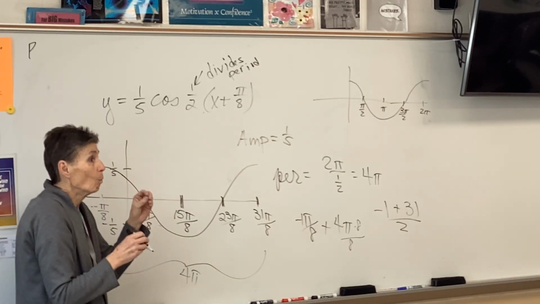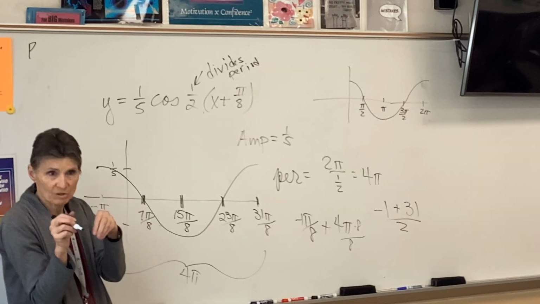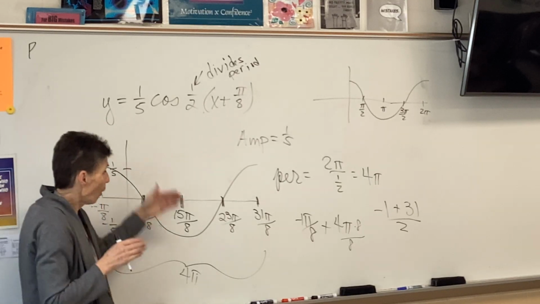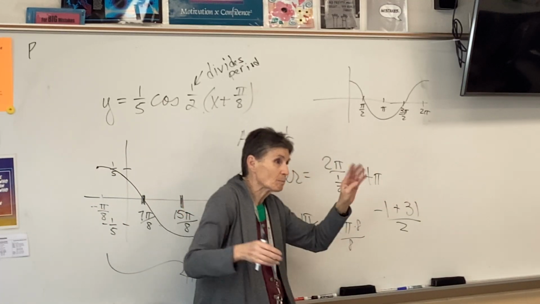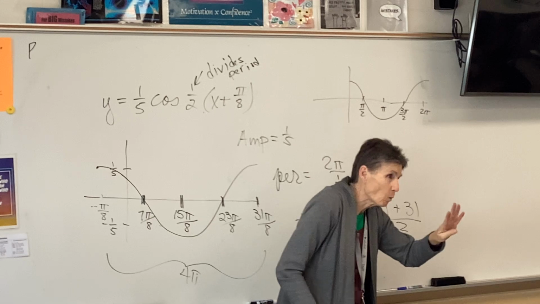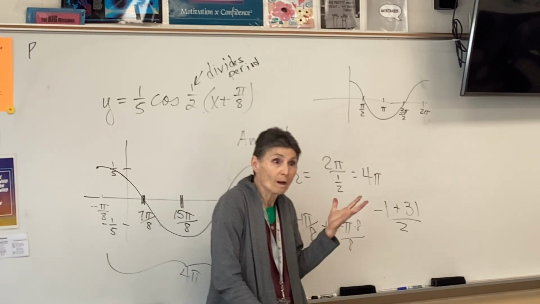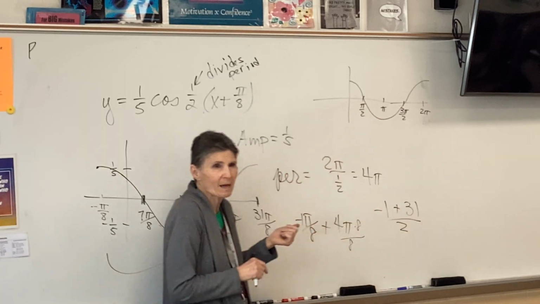Now, why was that distance 8? Well, it's really 8/8, which is 1 pi. Because the whole distance was 4 pi, and we split it up into 4 pieces, so each piece would be 1 pi, 8/8. So that's another way you can think about it.